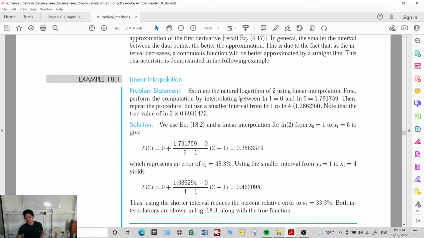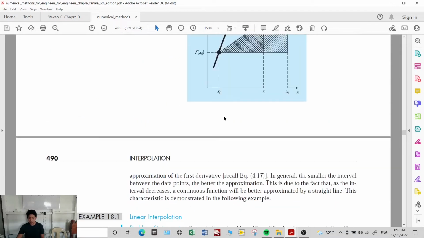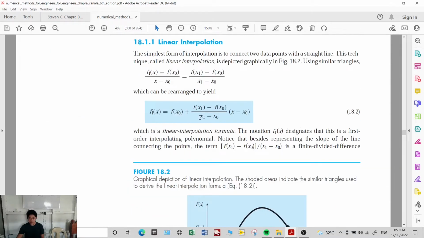But we will use linear interpolation. So you have two values, you have ln1 and ln6. So obviously, this is not linear data. But again, we can use linear interpolation to estimate the value of ln2. So our x sub 0 is 1 and x sub 1 is 6. Based on the equation, we'll just plug in the values.